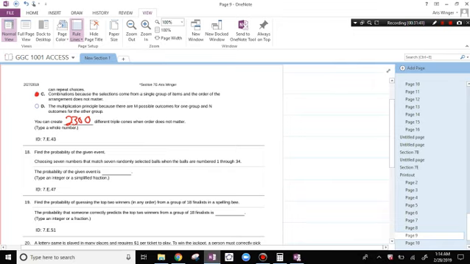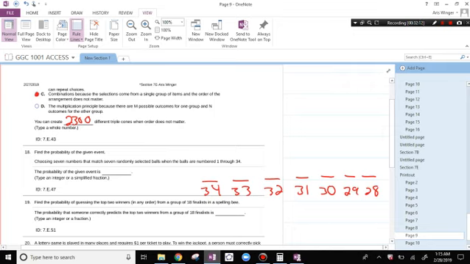Find the probability of the given event. Choosing 7 numbers that match 7 randomly selected balls when the balls are numbered 1 through 34. All right, here they're not going to go back in for the lottery, so it's 34 times 33 times 32 times 31 times 30 times 29 times 28.